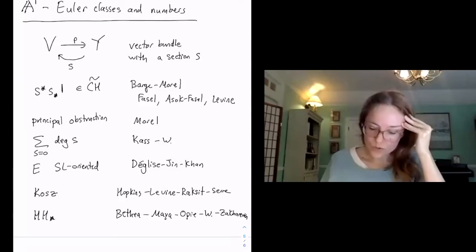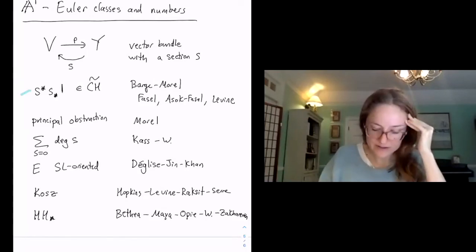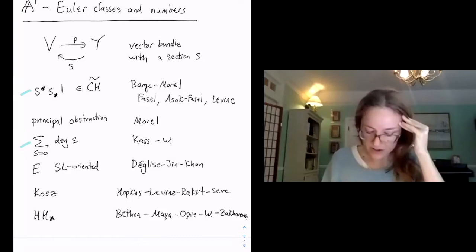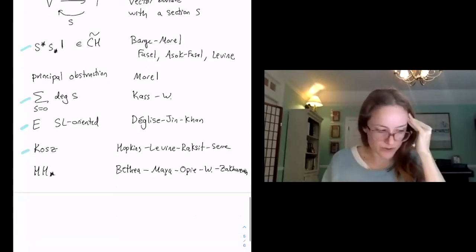So one of the things done in the paper that this talk is about is to check equalities for some of these. These local degrees and the push forward, and for appropriate E, and the Koszul for general vector bundles.